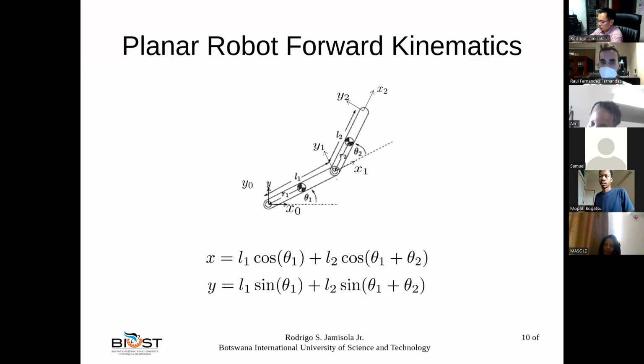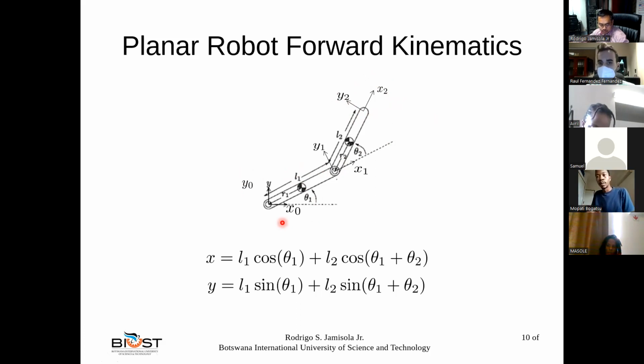So for example, here, as Professor Rodrigo Yamisola said, what we want to achieve is to have the transformation between the end effector reference and the base reference.